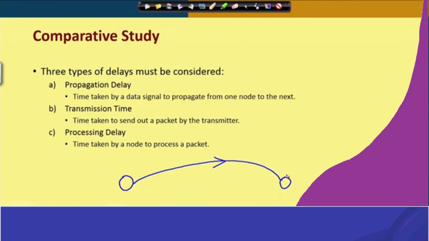How much time a single signal transition takes to move from one place to another. If it is a copper link, it can be something; if it is a fiber optic link, it can be different; if it is a satellite link, it can be different. Depending on the type of link, suppose you sent one bit of data, how much time that one bit will take to reach the other end depends on the medium.